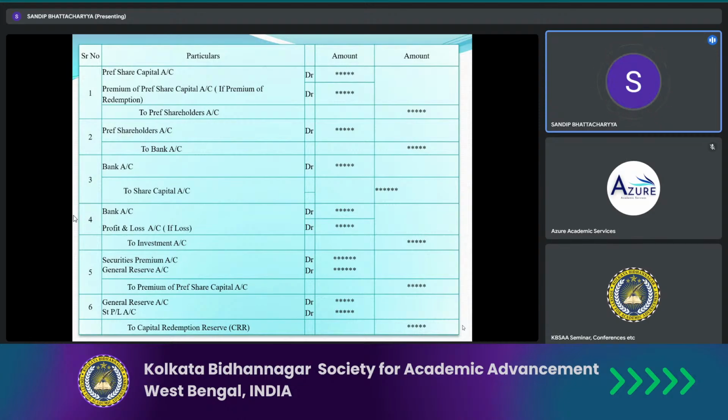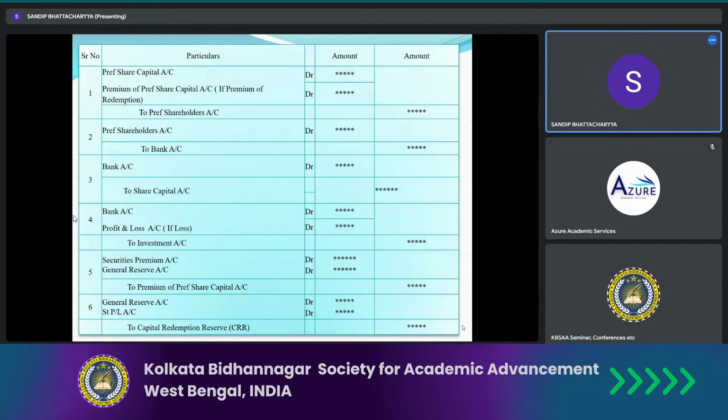If you remember, redemption is out of profit as well as out of a fresh issue of stock. I am telling you this is the generalized format. So bank account debit to share capital means if you are issuing a new category of preference share, it is bank account debit to new category of preference share.